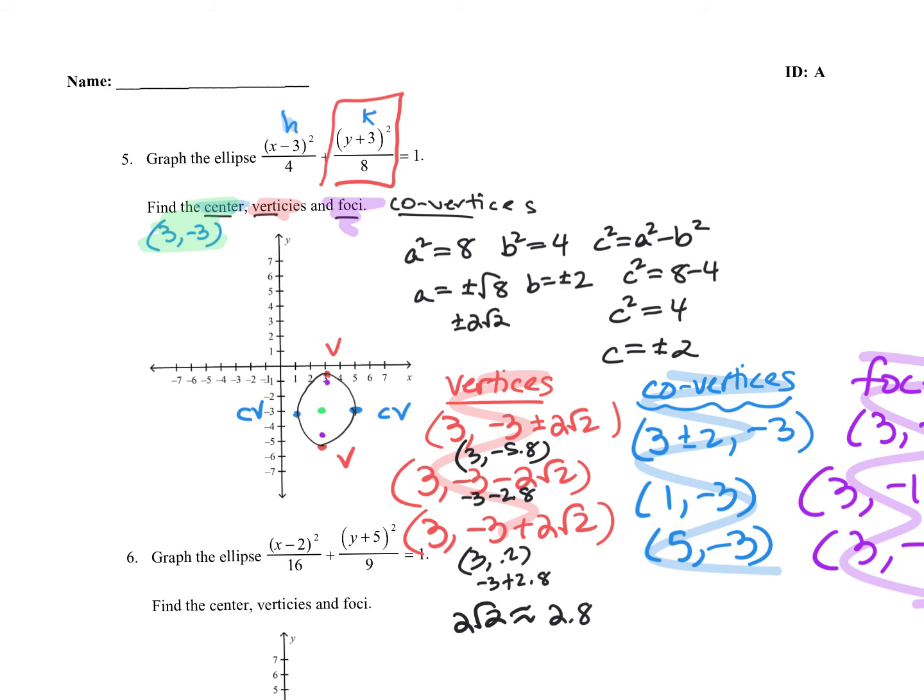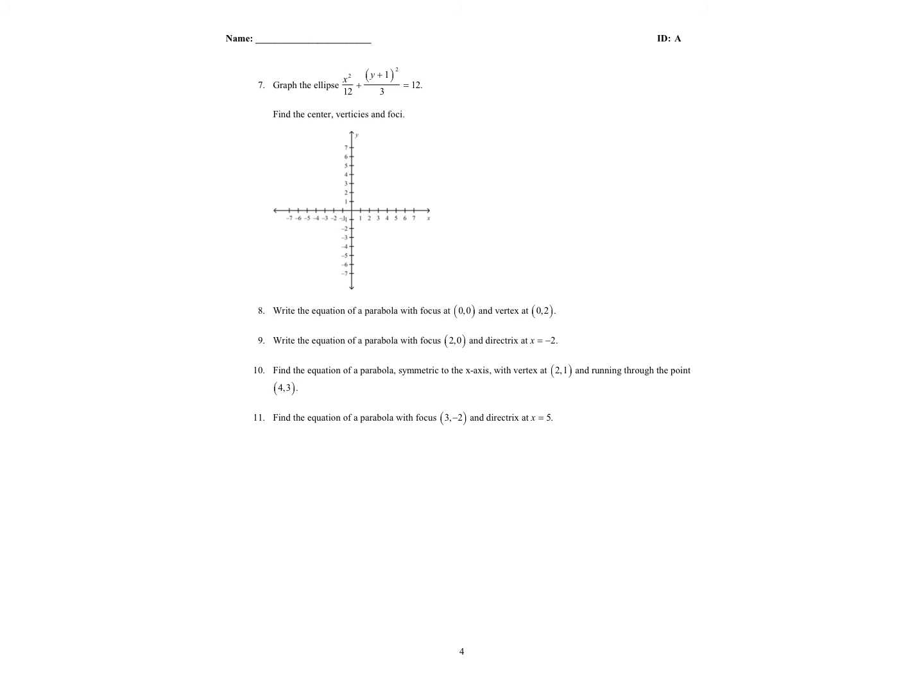So 2 questions where you're graphing the ellipse, and then 2 questions where you're going to write the equation of the parabola, like numbers 8, 9, 10, and 11. So 2 graphing parabolas, 2 graphing ellipses, and 2 writing equations of parabolas.